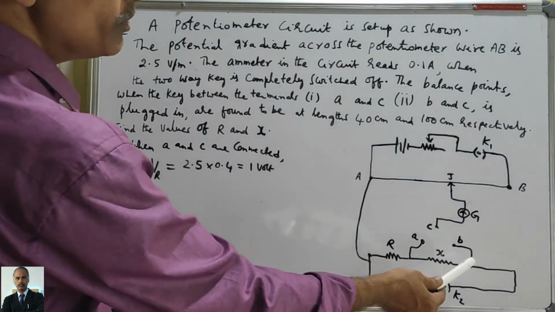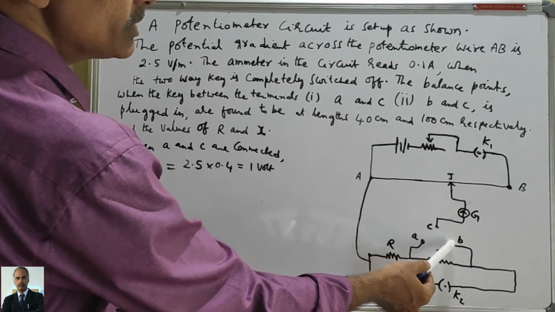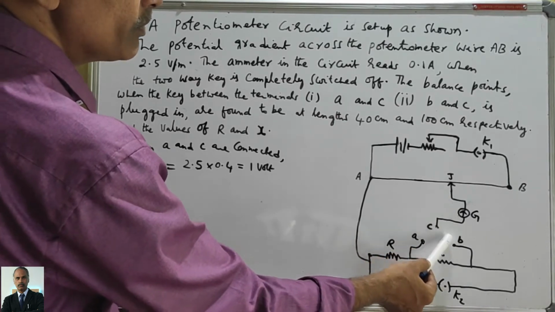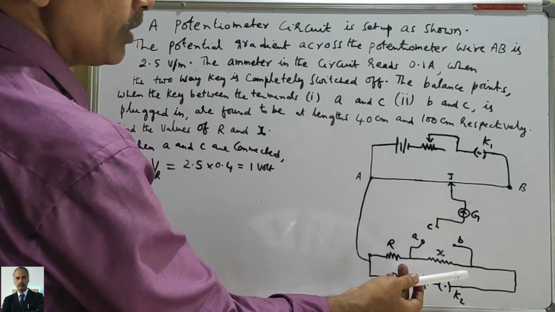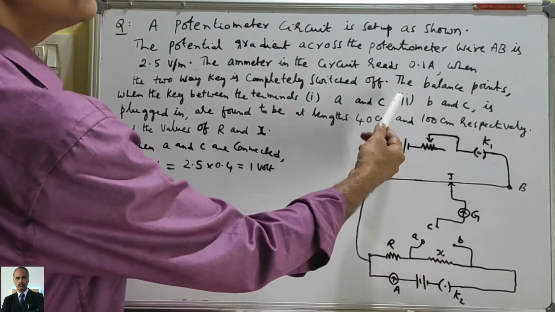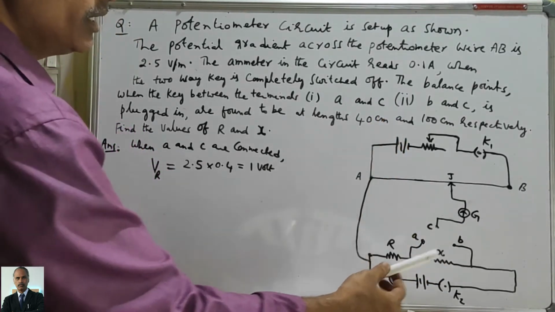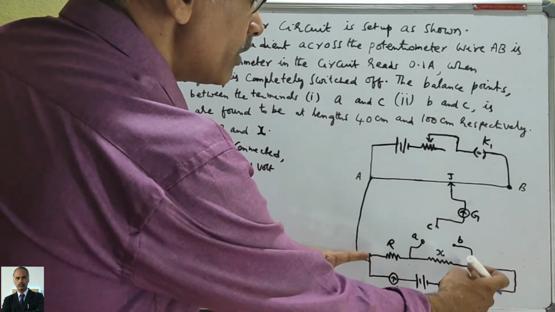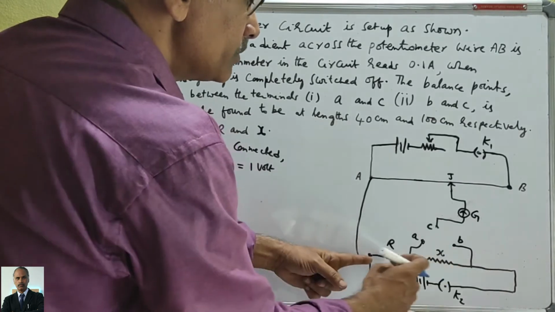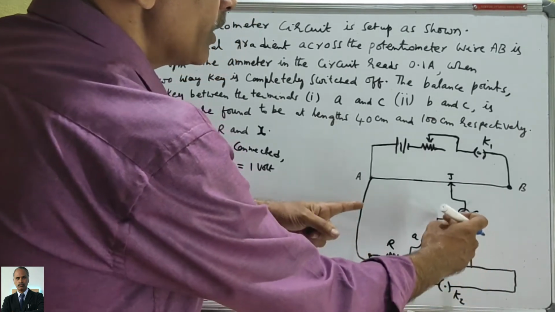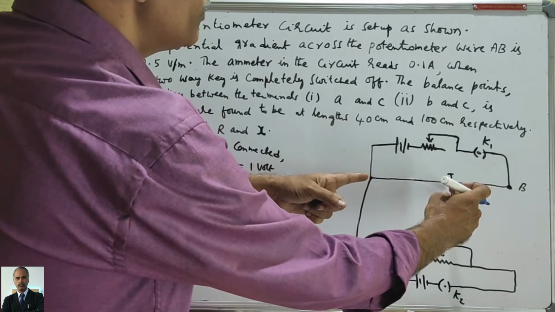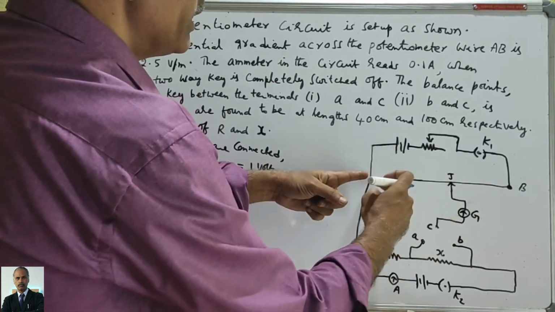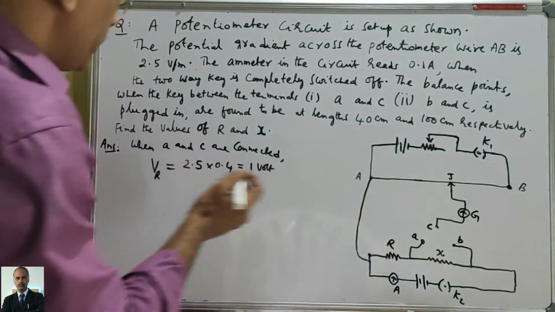Similarly, when we connect the points B and C, that means when we put the plug between B and C, now the balancing length is given as 100 centimeter. That means the potential difference across R and X together, across these two resistances, is equal to the potential difference across this 100 centimeter length of wire.